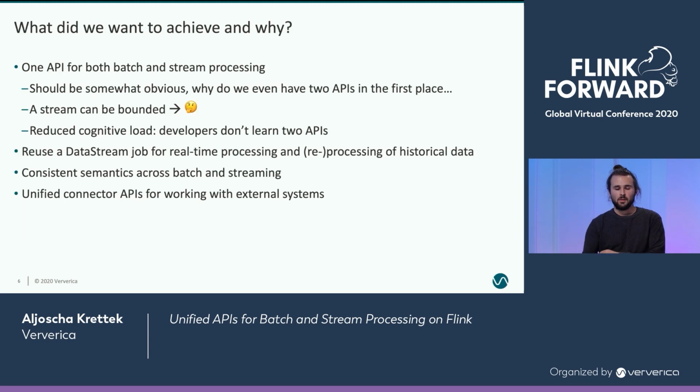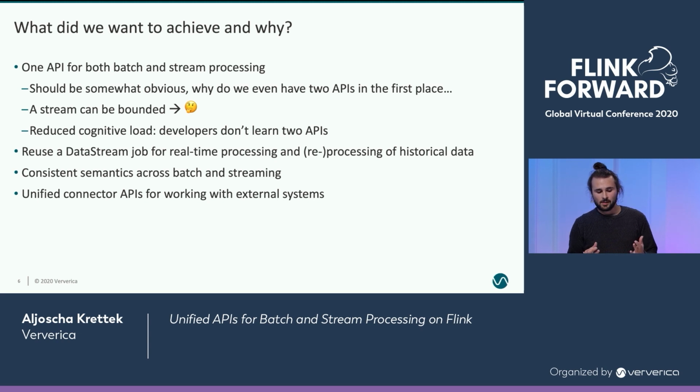So now that we know about the main differences, what are we actually trying to achieve with our work, or what did we try to achieve? We want to change Flink such that we only have one API that you can use for both batch and stream processing. In hindsight, this seems somewhat obvious because if you look at the DataSet and the DataStream API, they are so similar that you wonder why there are even two APIs in the first place.